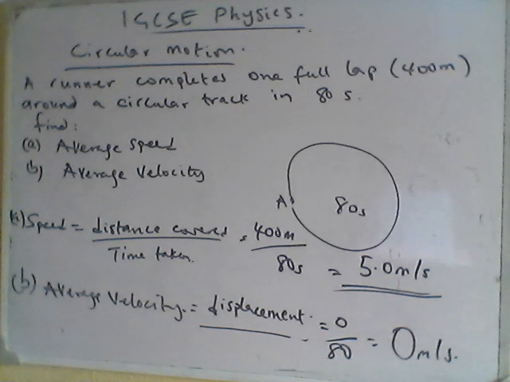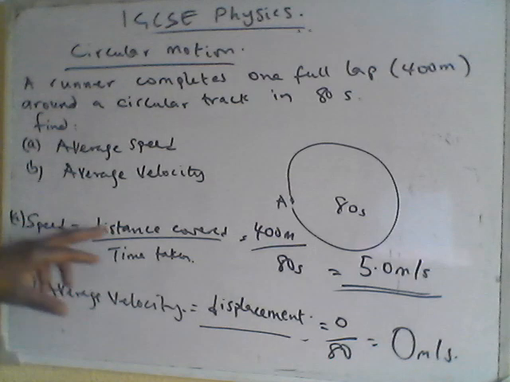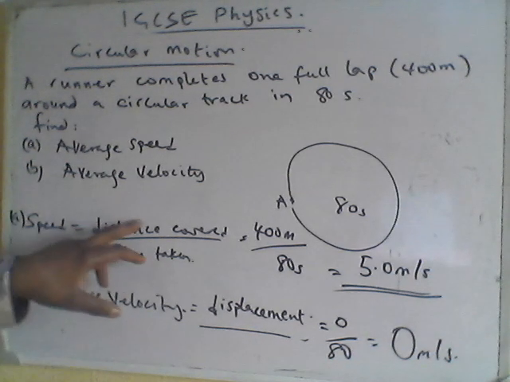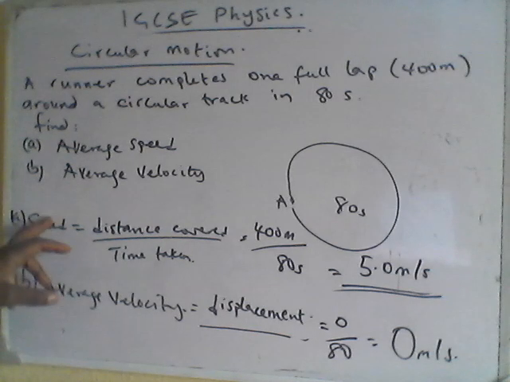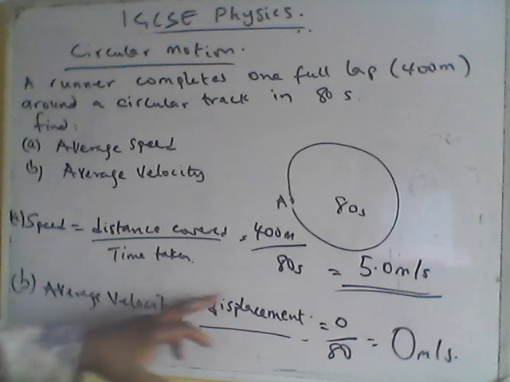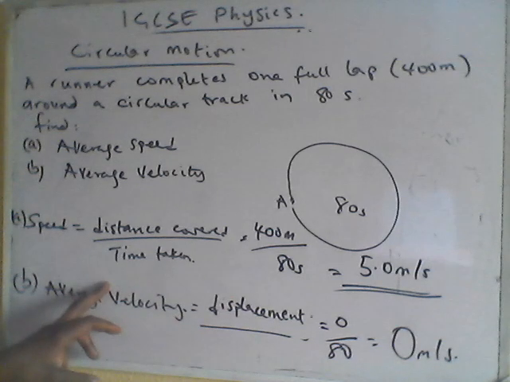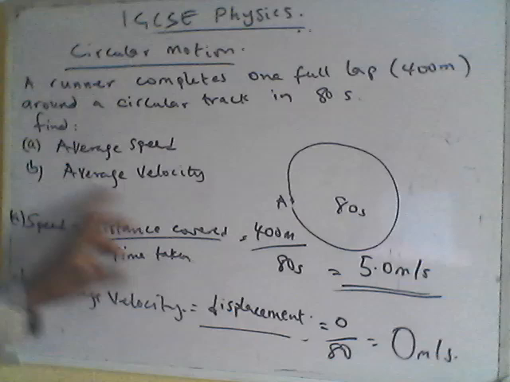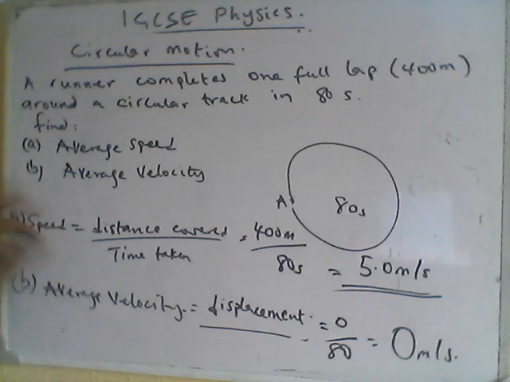The concept has to do with displacement being attached to velocity, and distance covered being attached to speed. Distance covered is a scalar, displacement is a vector. This distance being a scalar also makes speed a scalar.